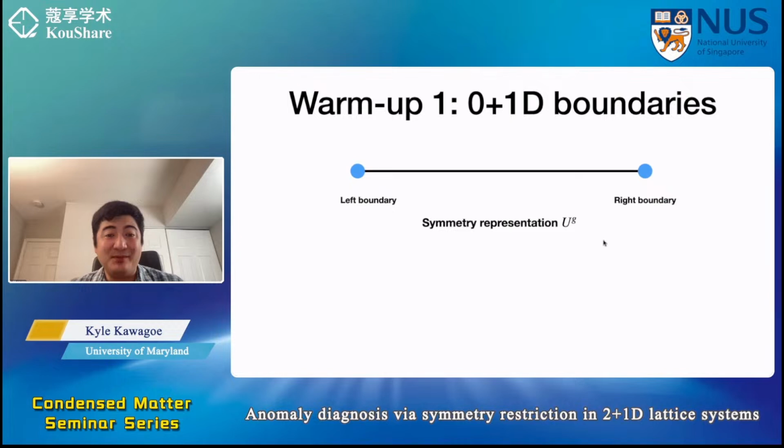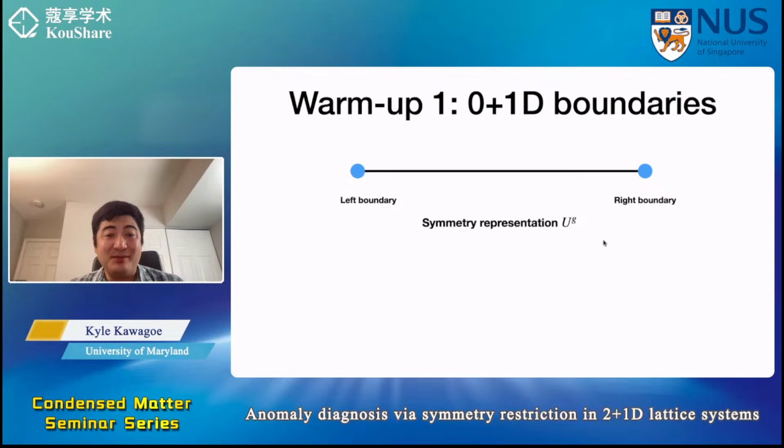And because of this sort of holographic principle, the action of the symmetry on any ground state, of which there are many, is a unitary operator.